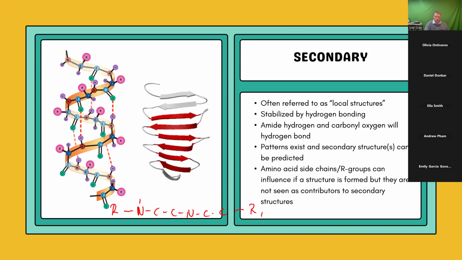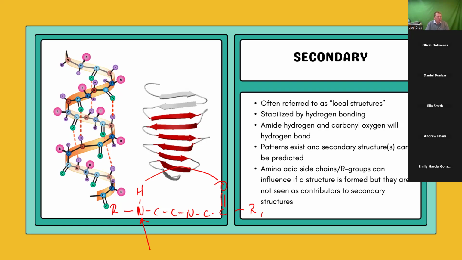R group here I'm using in the context of organic chemistry, where it just means this molecule, this polymer, goes on. So this nitrogen right here has a hydrogen, and this carbonyl oxygen right here. These two things can hydrogen bond with one another. And so this is an example of backbone hydrogen bonding.